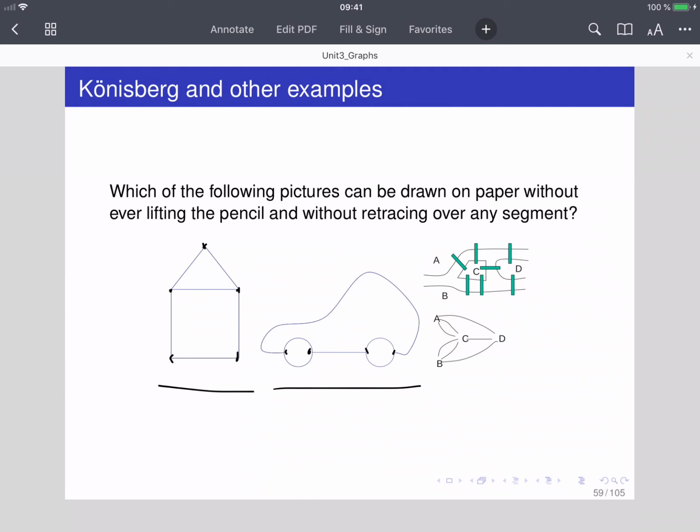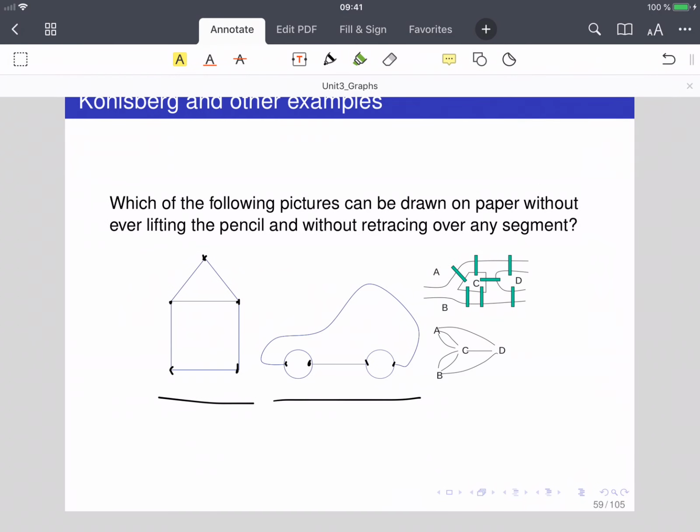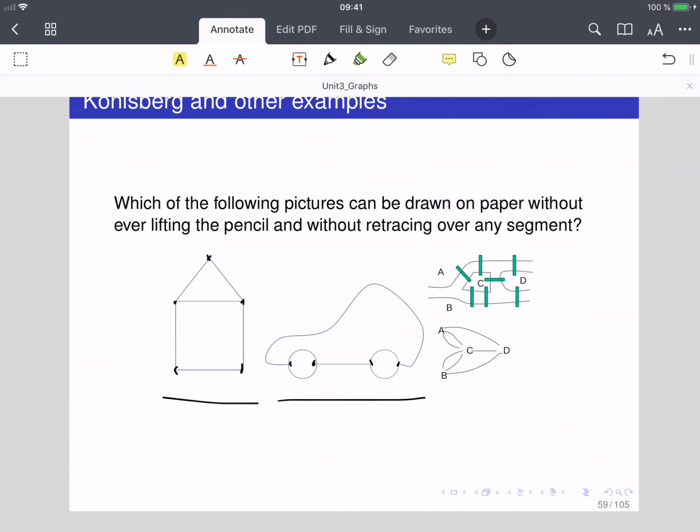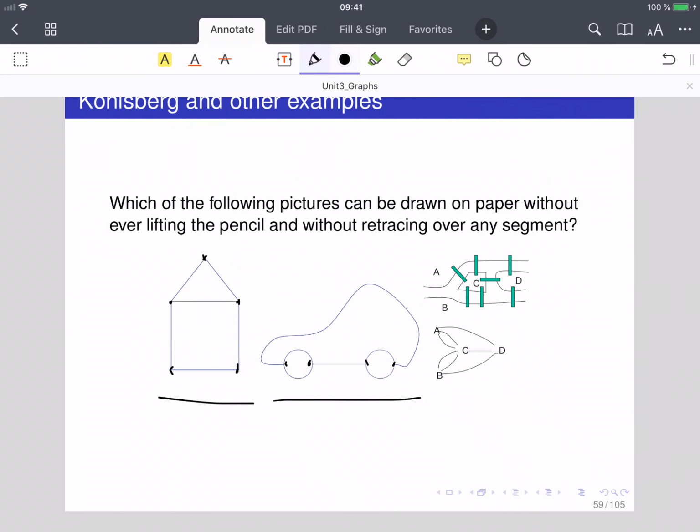Okay, so here we have this graph, and let's compute the degrees of the vertices. Okay, so here we have D with degree 3, A again with degree 3, B with degree 3.